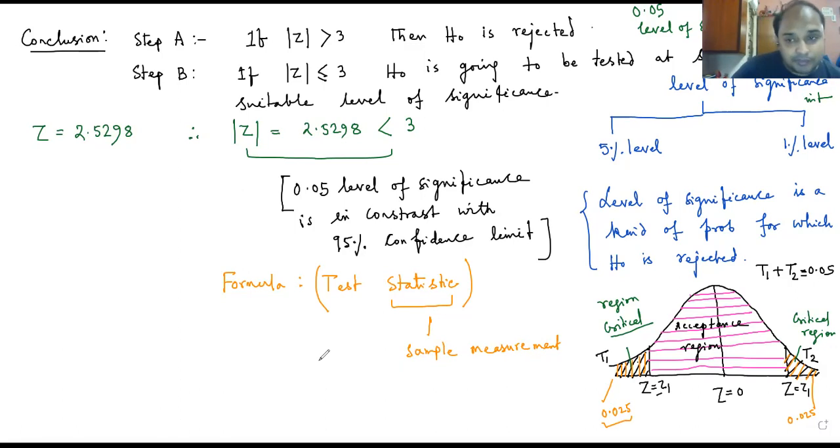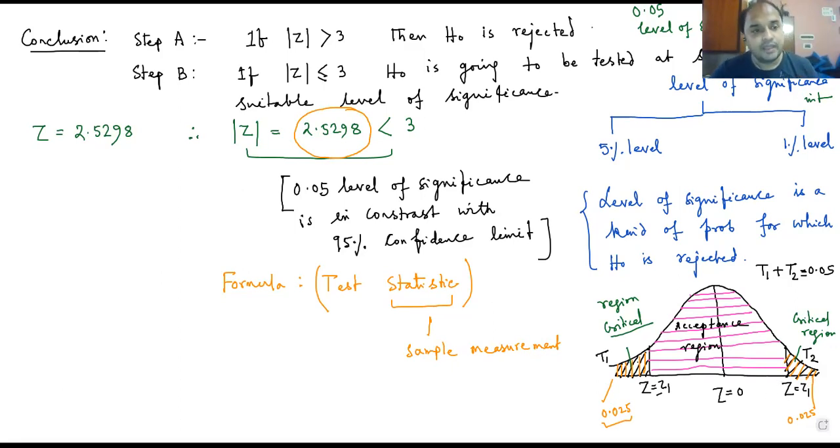So in this particular problem, we have found the test statistic to have this value, and it is less than 3. And we are supposed to consider the null hypothesis at 1% level of significance.